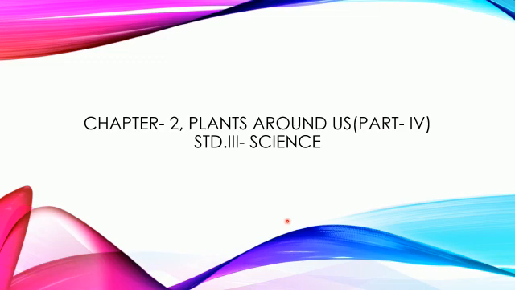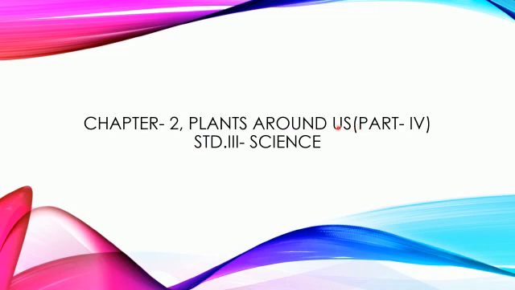So, in my last video, we had discussed the fill in the blanks, match the following columns, and tick the correct option. That means question number A, B, and C of chapter 2, that is plants around us.